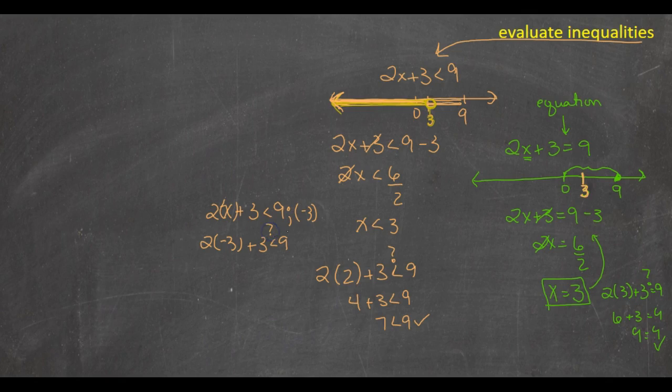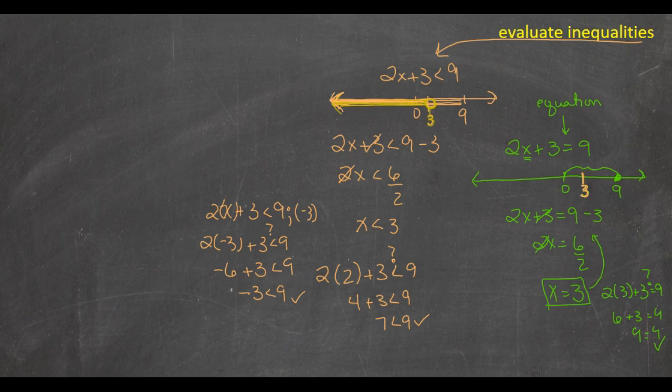We don't really know because we're checking. 2 times -3 is -6, plus 3 is -3, less than 9. Is -3 less than 9? It sure is. -3 would plot over here, and 9 is way over here. So I know that -3 would be a solution to this inequality. So that checks out as well.